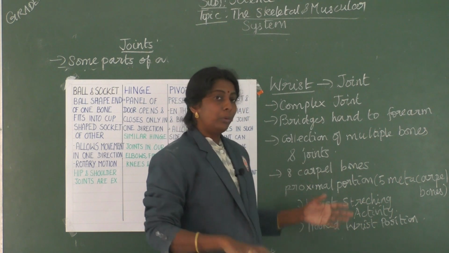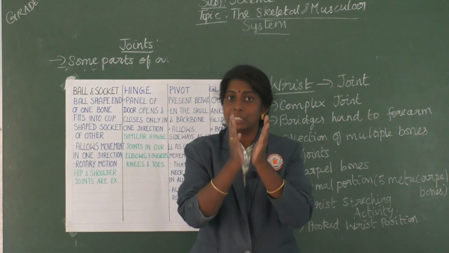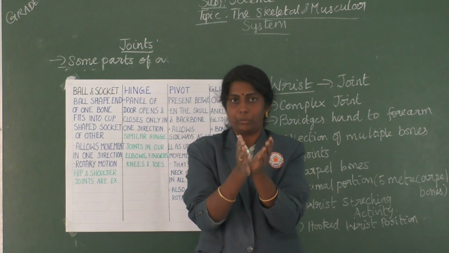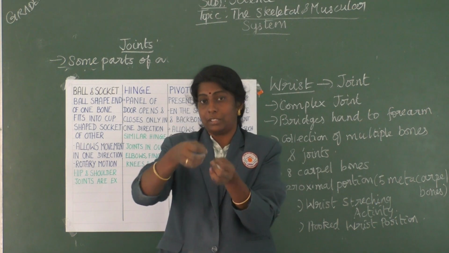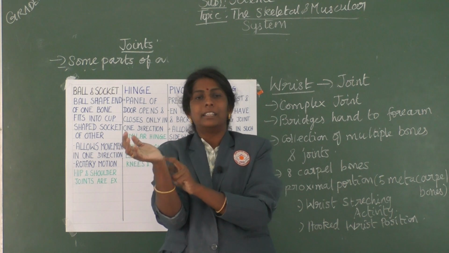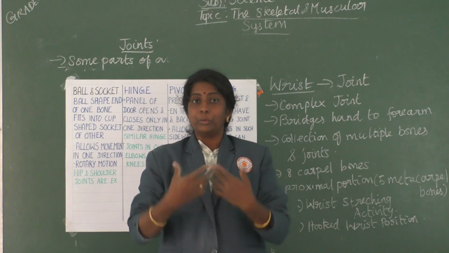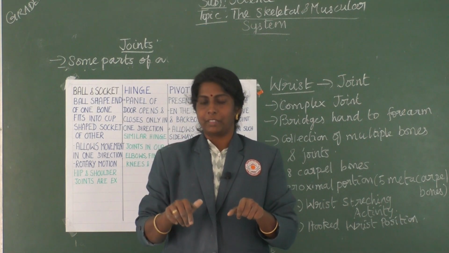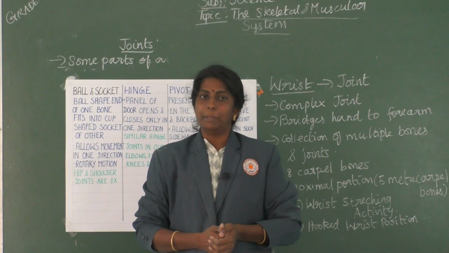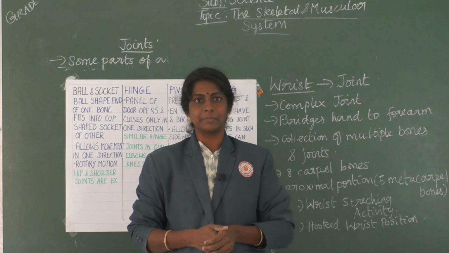You are going to submit a report by doing these two activities, about the respective joint present in the wrist, in the form of a table, and send it by email to your respective class mail ID. Clear?